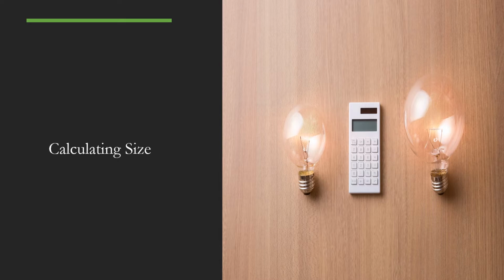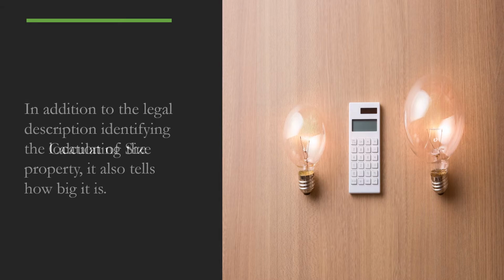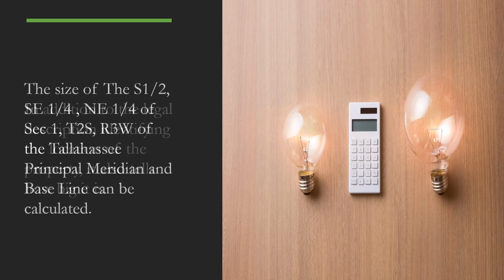Calculating acreage. In addition to identifying the location of the property, the legal description also tells how big it is. We can calculate the acreage of the south 1/2 of the southeast 1/4 of the northeast 1/4 of Section 1, T2S R3W of the Tallahassee Principal Meridian and Baseline.